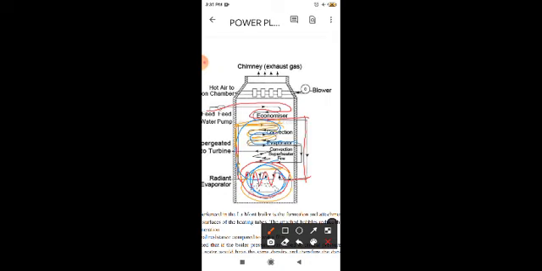Then again it is fed to the superheater. What is a superheater? In the previous year of thermal engineering you have studied superheating. Superheating is increasing the temperature of dry steam up to 650 degrees Celsius.